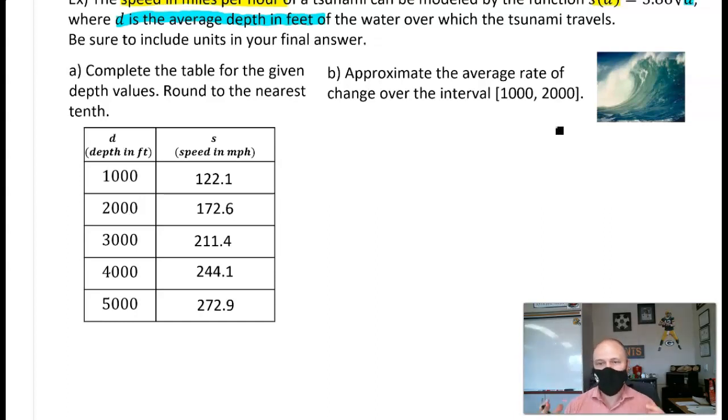So we were calculating the average speed of the tsunami. So step one, I'm going to find my points. Remember, these are your x values, x1 and x2. So at 1,000 feet of depth in the ocean, how fast is this tsunami traveling?